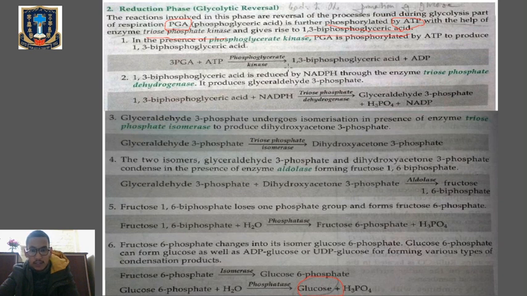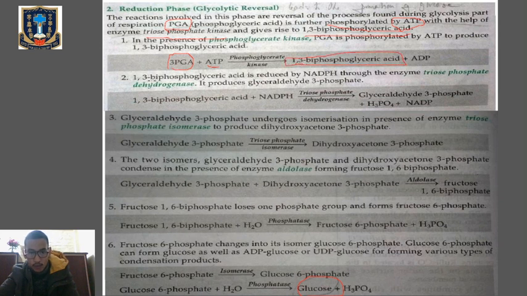In the presence of the enzyme phosphoglycerate kinase, the phosphoglyceric acid will be phosphorylated by ATP to form 1,3-bisphosphoglyceric acid. Clear?